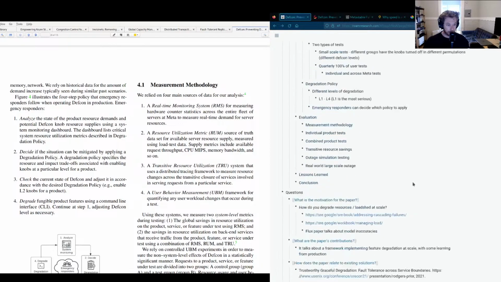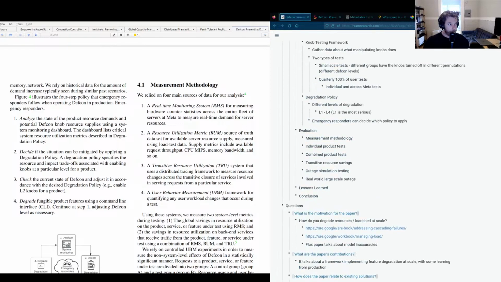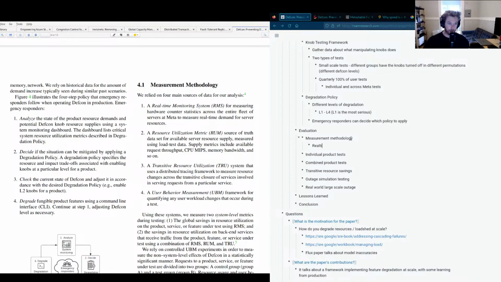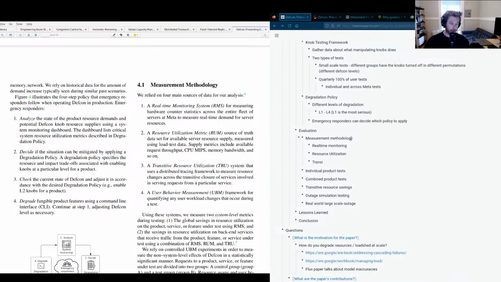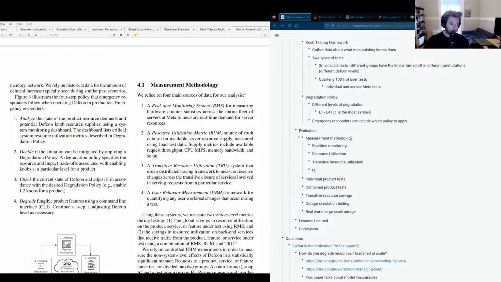How are we doing on time? So they have a real-time monitoring system: resource utilization, transitive resource, user behavior.